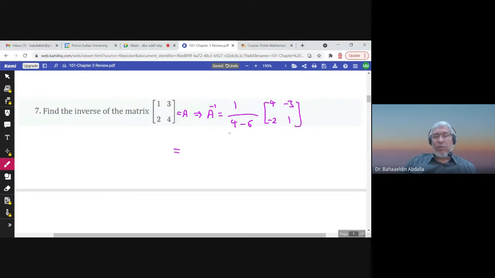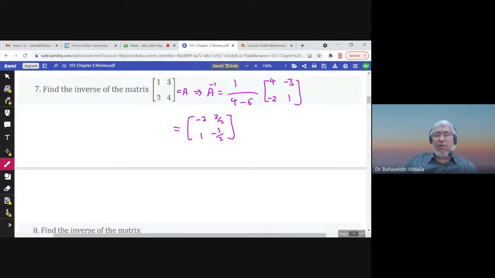So 4 minus 6 is negative 2. So 1 over negative 2 times 4, 4 over negative 2 is negative 2. Negative 3 over negative 2, negative 2 over negative 2, and 1 over negative 2. So this is the matrix A inverse.